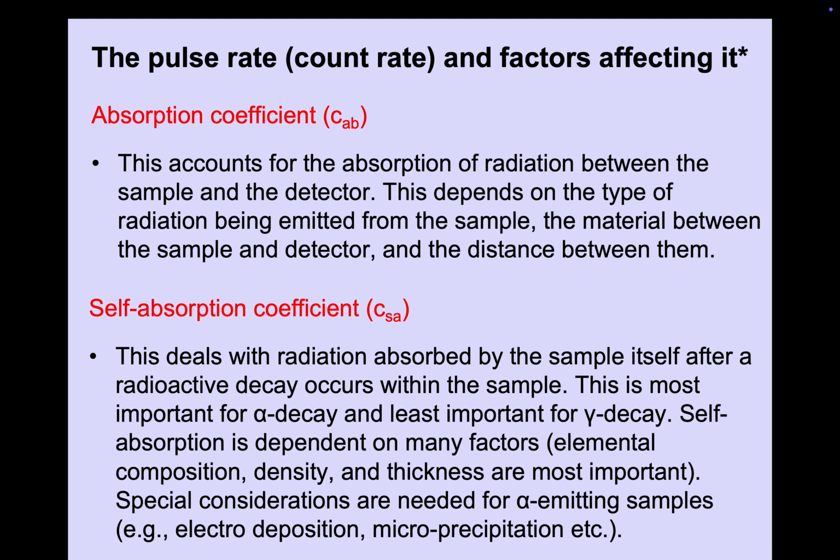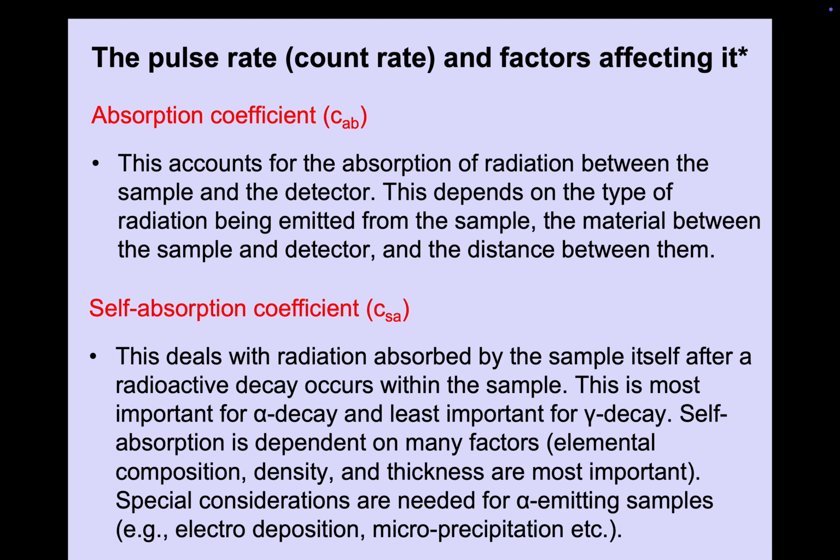Now, absorption is most relevant for alpha radiation because, of course, alpha particles have a very short range and they can be effectively absorbed even by air if that's what's filling the space between the sample and the detector. And because of that, as we'll see in a later lecture, alpha measurements are usually done in a vacuum because that really cuts down the chances of the alpha particles being absorbed before they actually impact the detector materials.